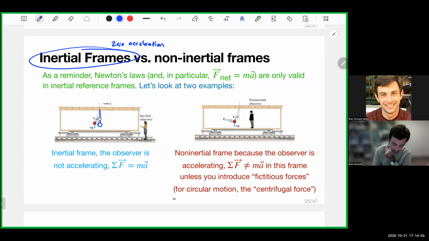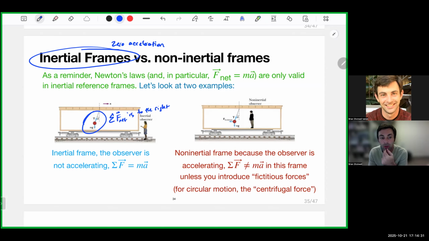The reason is that for the ball to move with the train, there has to be a net force in the direction of the acceleration. If you look at this free body diagram, you'll notice the net force, the sum of the two forces acting on the ball, the tension and the gravitational force, is to the right. Gravity, mg, cannot accelerate this ball to the right.